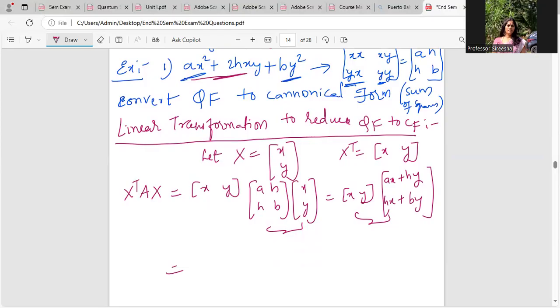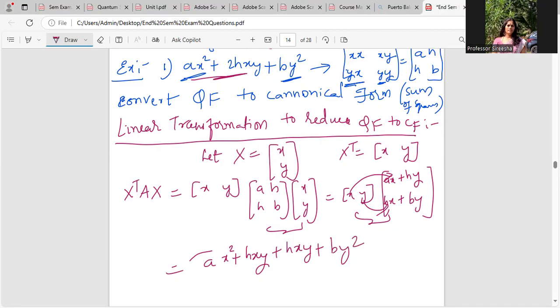So what I will get is x into the a11 element plus y into the a21 element, right? That gives a x squared plus hxy, plus the second one I'm multiplying with y, so hxy plus b y squared.